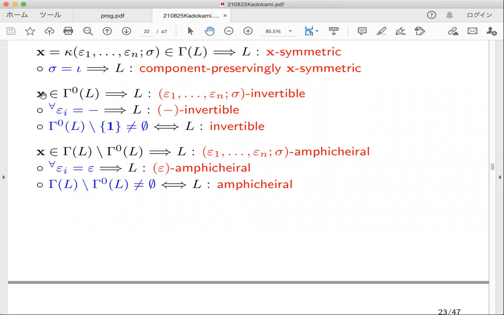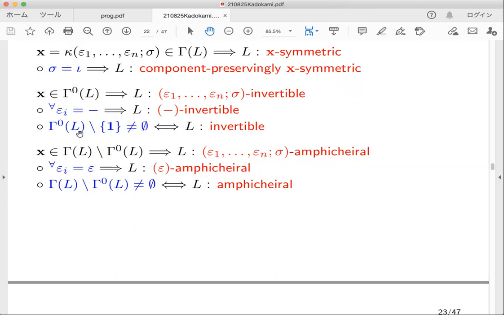And if x is in gamma 0 L, then we say that L is epsilon 1 to epsilon n sigma invertible. If all epsilon i are equal to minus, then L is said to be minus invertible.